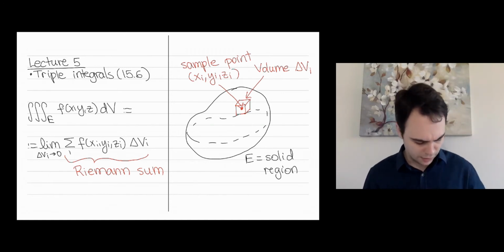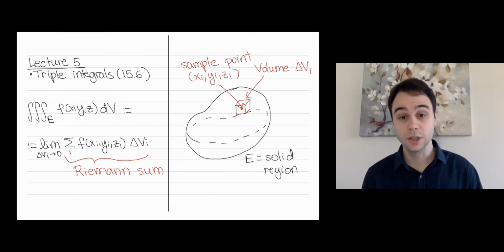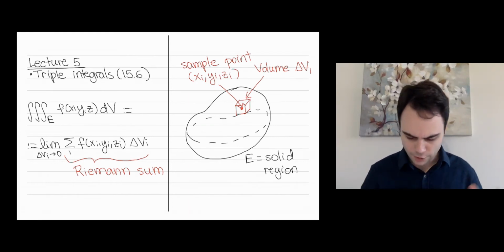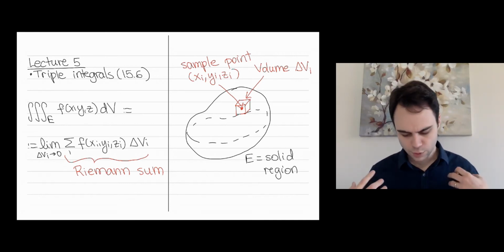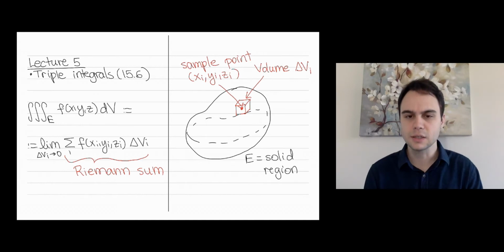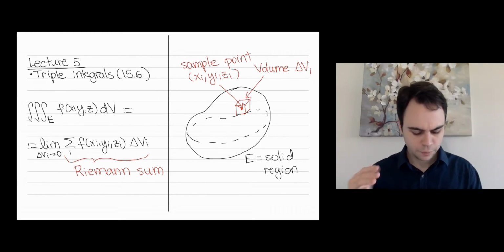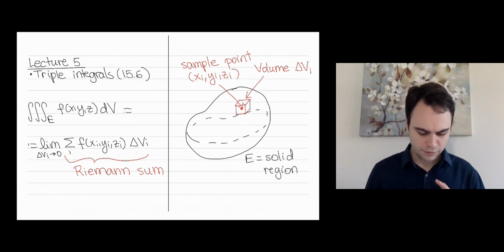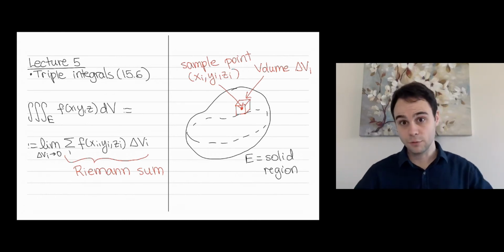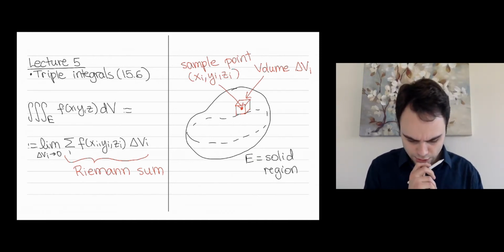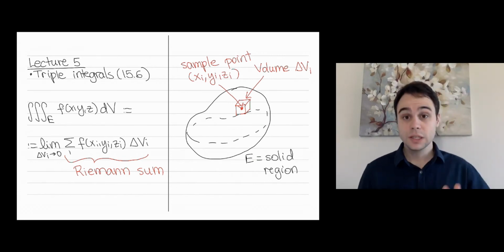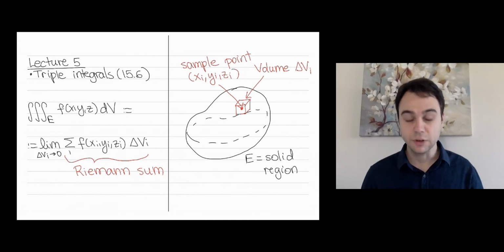I'm not explaining what that means, but I hope it has a clear enough intuitive understanding that we're breaking up E into subdivisions where each of the pieces is very, very small. And as soon as they're all small enough, so their diameter is small enough, then the Riemann sum you get for any choice of sample points will be close to a fixed number, and that number is the triple integral. Okay, so these are a few words about the definition.